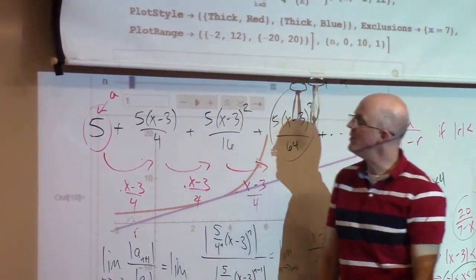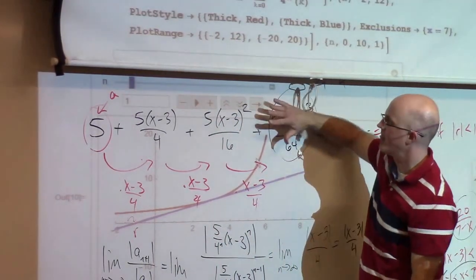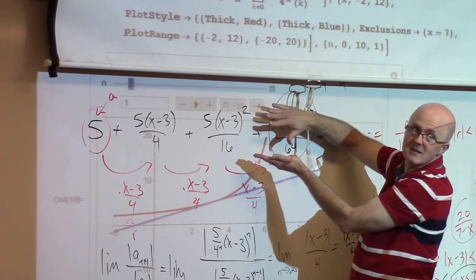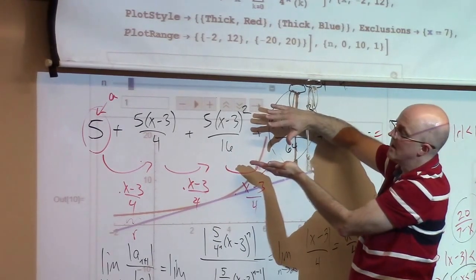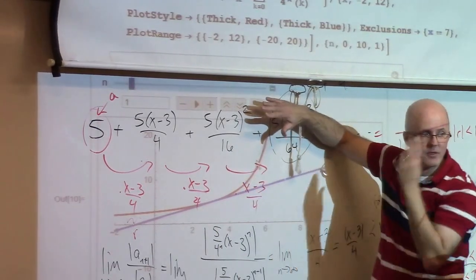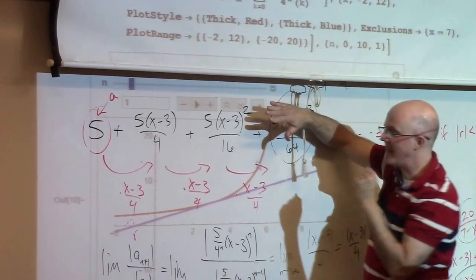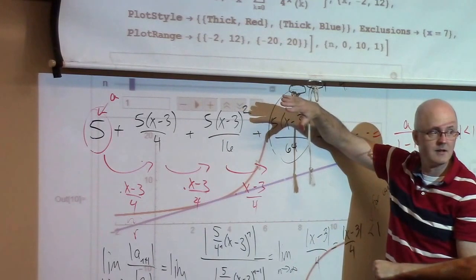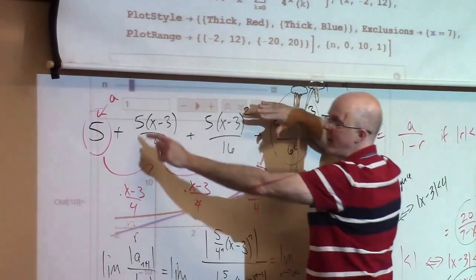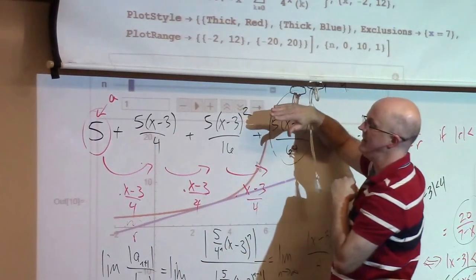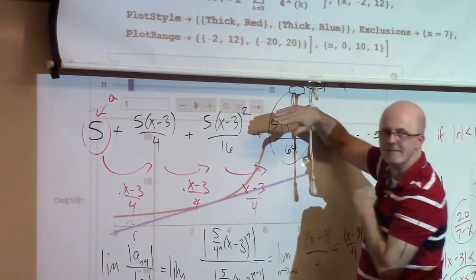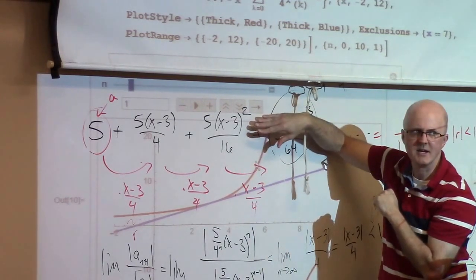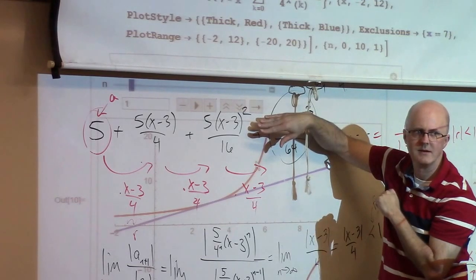When n is 2, I guess I'm going to get the graph of this thing, a quadratic. It's going to be a parabola. Still going to the point 3, 5. Because when x is 3, this is 0, and that's 0, I get 5. The slope is still going to be 5 fourths at x equals 3. We can also figure out the second derivative at x equals 3.